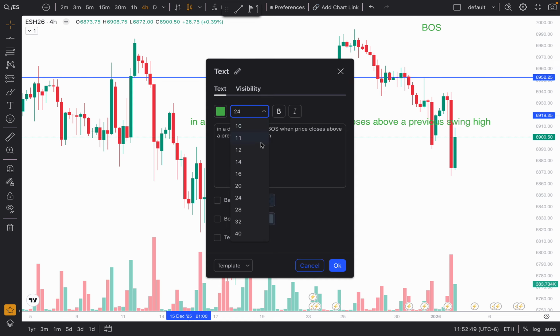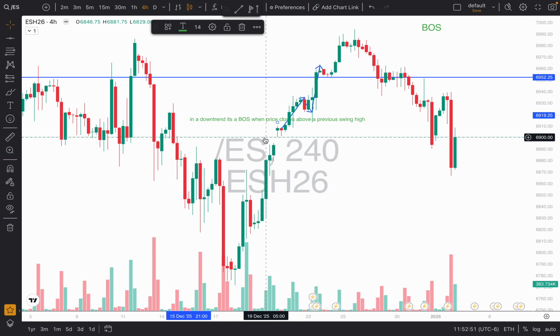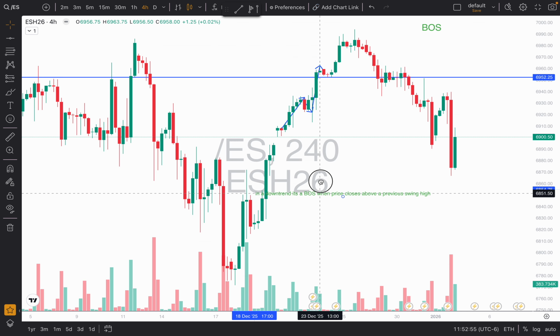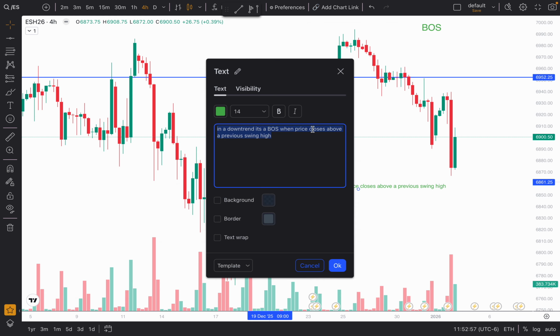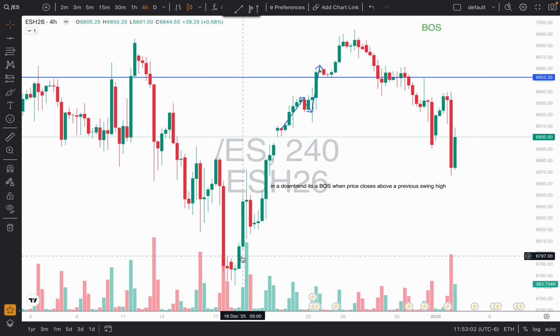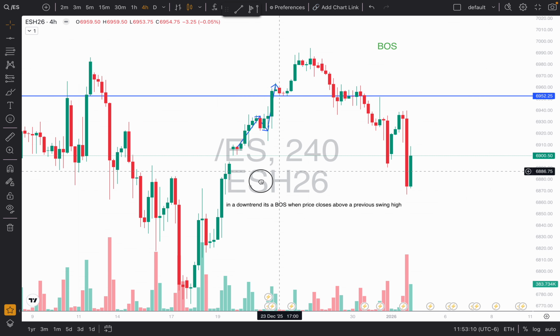Let me make this small. I can already see a big head in the back. In a downtrend, it is a break of structure when price closes above this swing high. Price closes above, this is a break of structure.